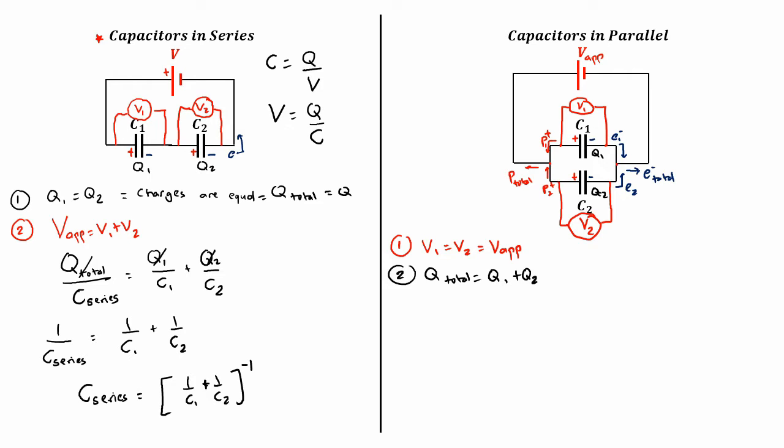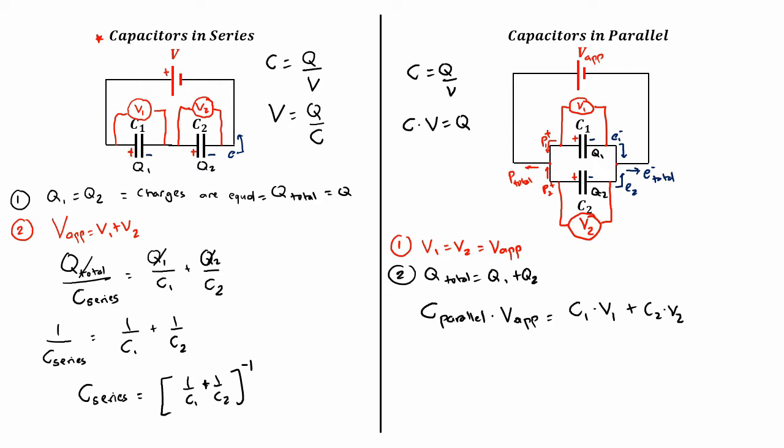Now let's again look at our original equation: capacitance is charge divided by voltage. So capacitance times voltage becomes the charge, and we're going to plug this into equation number 2. The capacitance of the parallel combination multiplied by the voltage applied equals capacitance 1 times voltage 1 plus capacitance 2 times voltage 2.